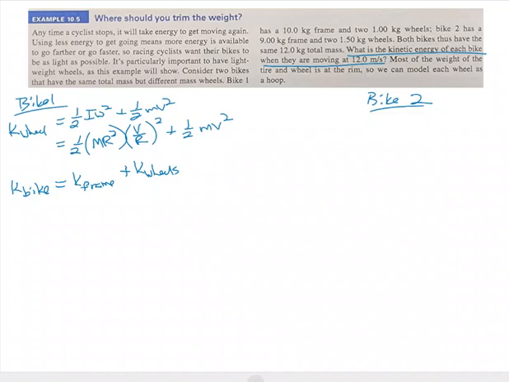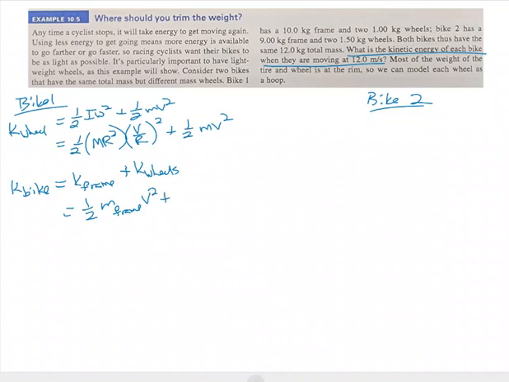So, the kinetic energy of the frame would be 1/2 the mass of the frame times v squared, plus 2 times the wheels.